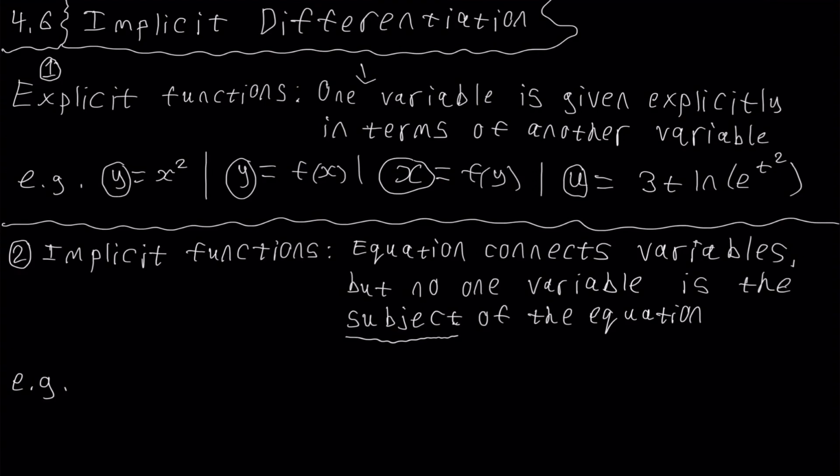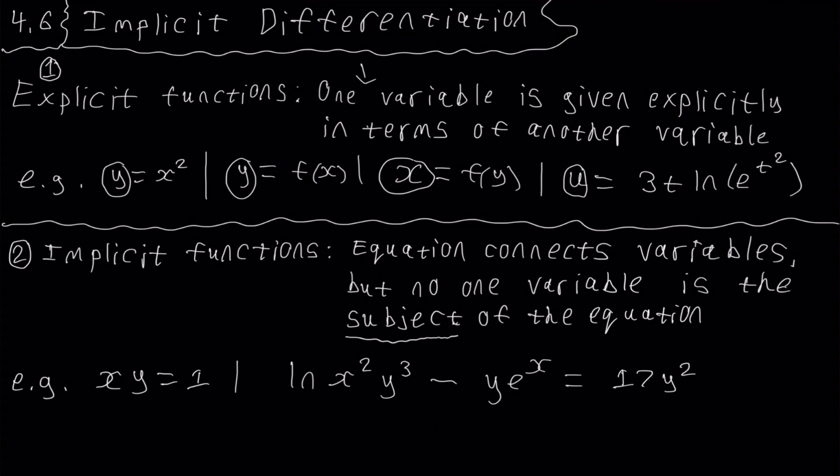Now, a couple of examples that we could get are perhaps x multiplied by y is equal to 1. The natural log of, I don't know, x squared times y cubed subtracted by y times e to the x is equal to 17 times y squared. That works.